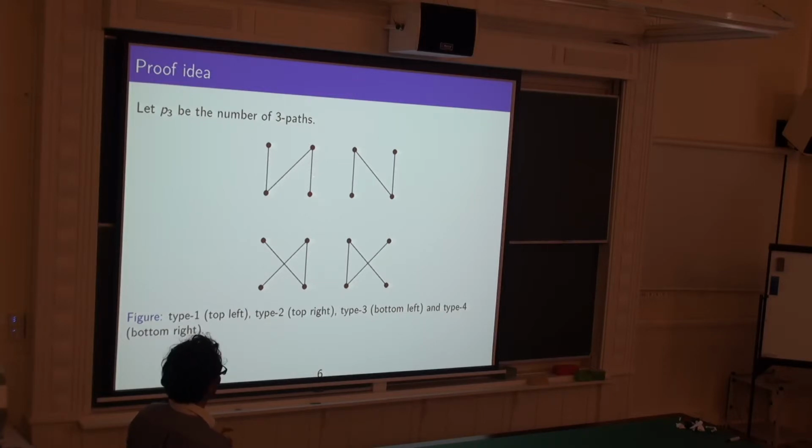Between a given pair of end vertices you can have at most 1 path of this type, because if you draw another path of this type, then you will have 2 uncrossed edges immediately, and that is forbidden. So the number of paths of this type is at most n squared, and the number of paths of this type, for the same reason, by symmetry, is also at most n squared. But the difficulty lies in bounding the number of 3 paths of these 2 types.